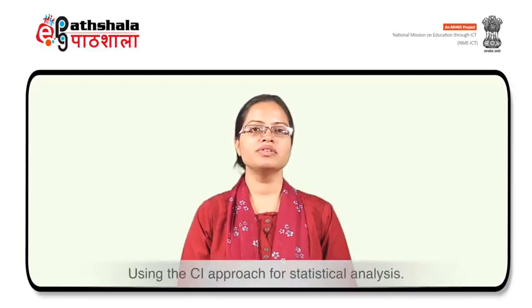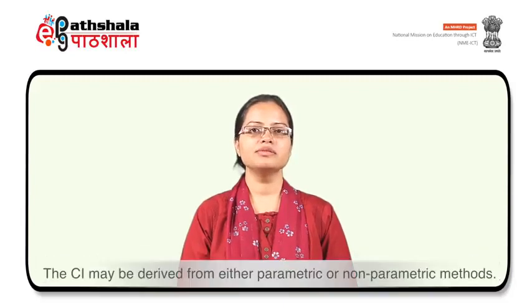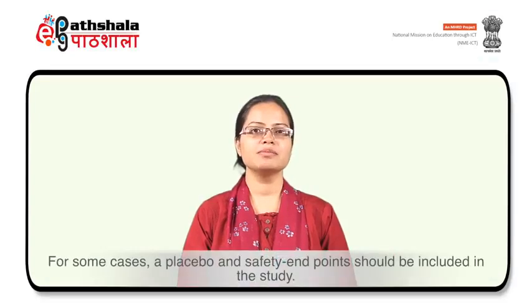Third, using the confidence interval approach for statistical analysis, it is crucial to rule out that the test product is inferior to the reference product by more than the specified amount. Thus, a one-sided confidence interval may be appropriate. The confidence interval may be derived from either parametric or non-parametric methods. And last, for some cases, a placebo and safety endpoints should be included in the study.